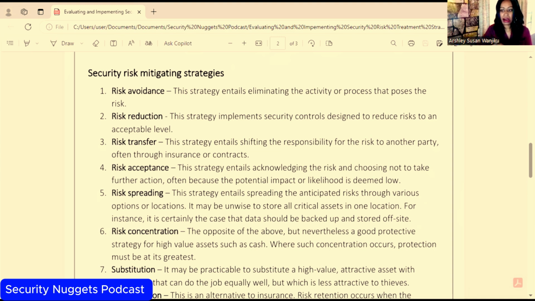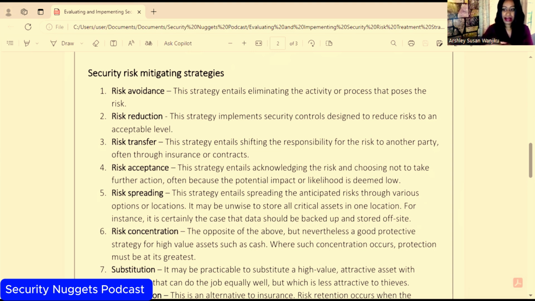Sometimes we will transfer the risk to a third-party contract, especially if we're looking for security personnel or security officers. If we want to outsource security officers or guards from a proficient service provider, then we transfer that risk to them and we outsource the service.